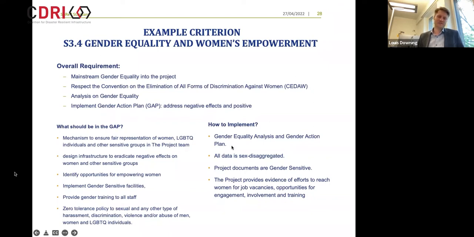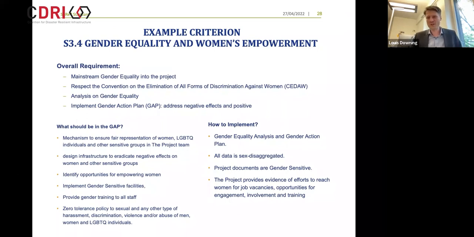So it's, first step, a gender equality analysis and a gender action plan coming out of that. Make sure that all the data is sex disaggregated. Make sure that project documents are gender sensitive. So this includes things like language.